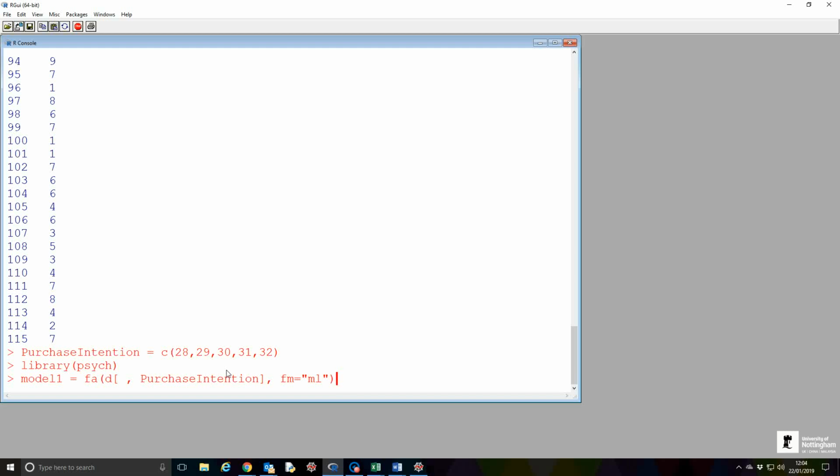What else could we use? There are a lot of different methods that we can use. PCA, the principal components analysis, is another one, and then there are several other methods that are available in the psych package or in SPSS, like unweighted least squares, generalised least squares, or even more complicated methods.